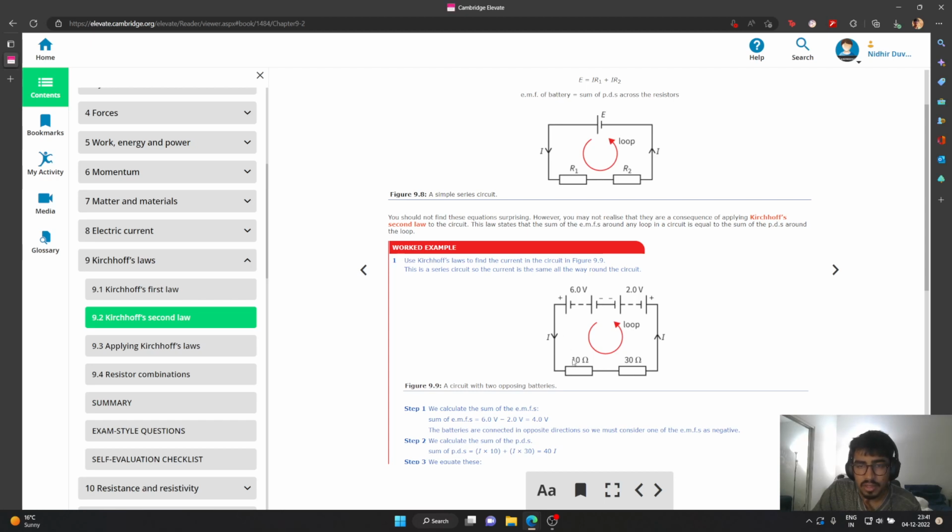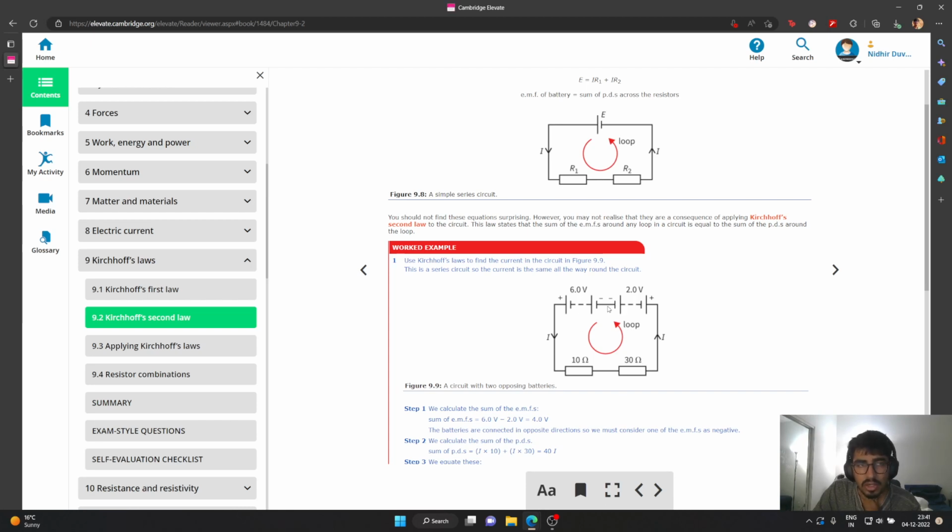It makes sense. But then this opposes that 6. So your giver total is 4 volts, and that 4 volts is eaten up by these two resistors. If there is a current I flowing, then this will be eaten up by I times 10 plus I times 30.